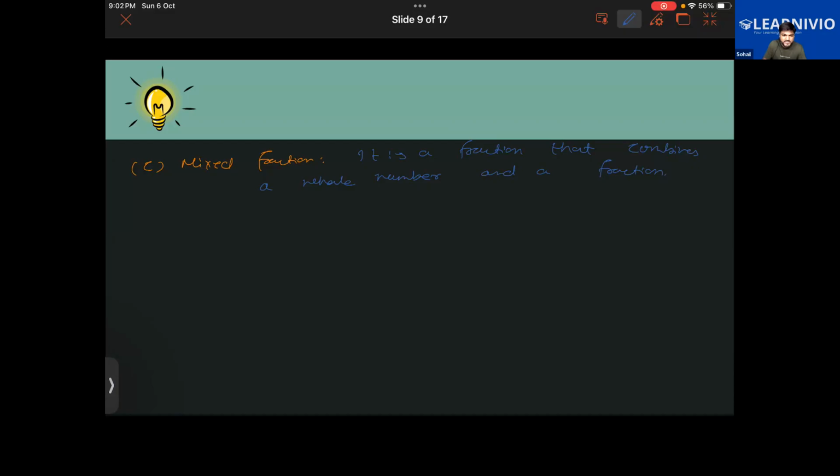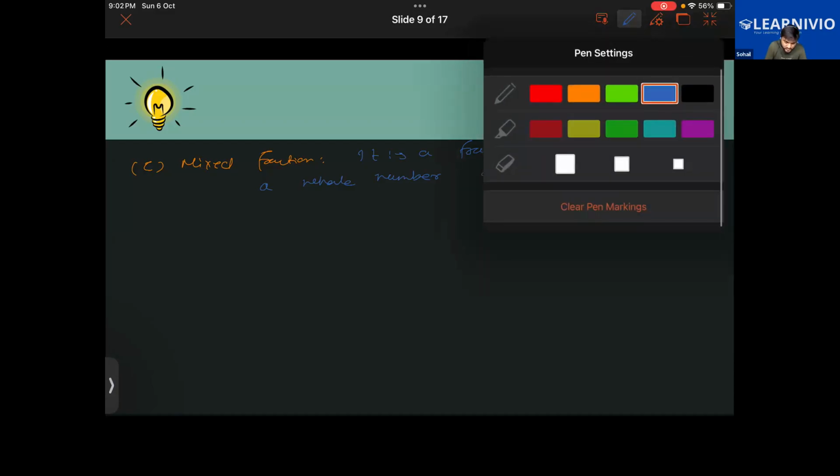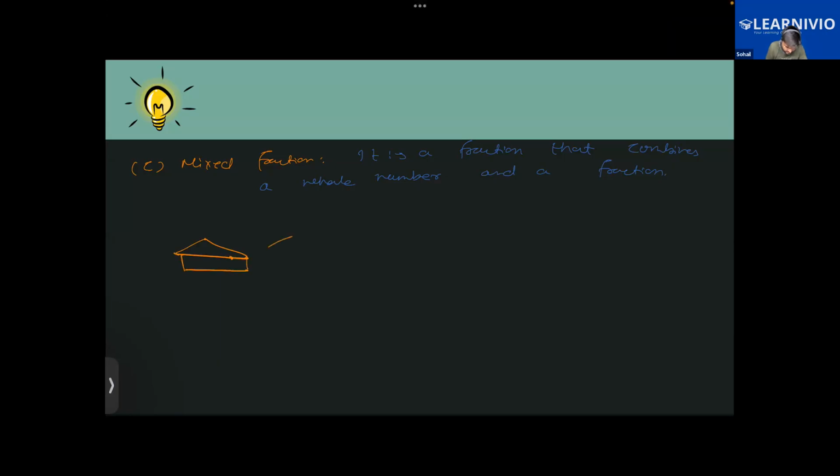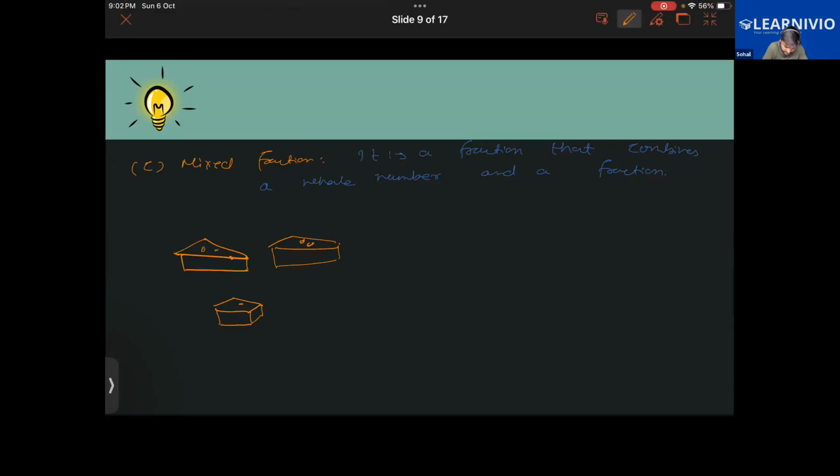Now take for example, let us say that I am giving you 3 pastries. Like this, and then this. So these are the 3 pastries I have provided to you guys. So how can we represent this here?